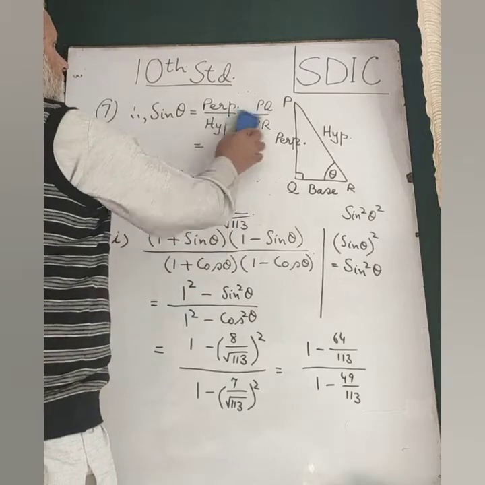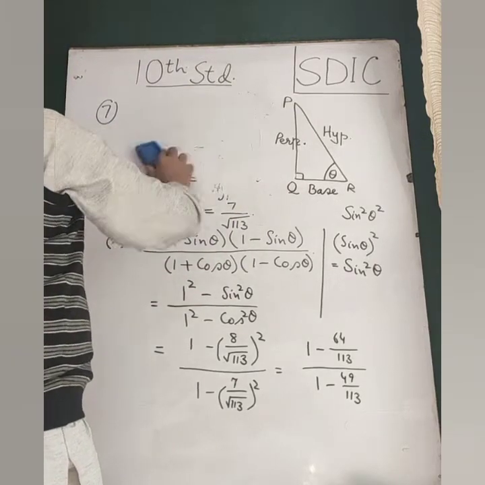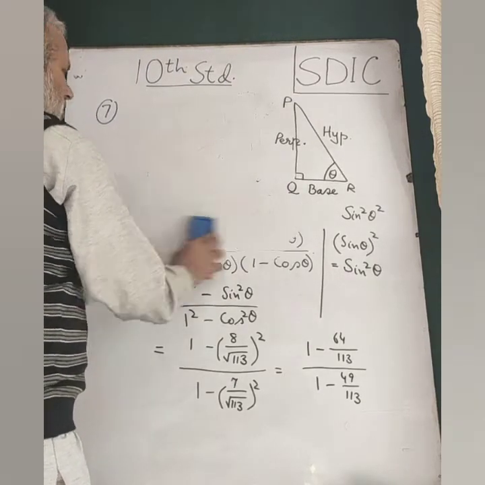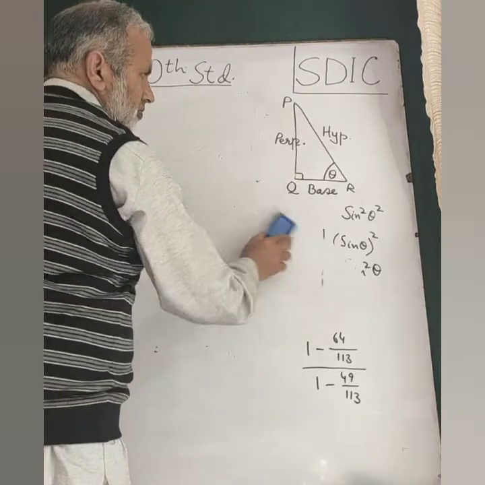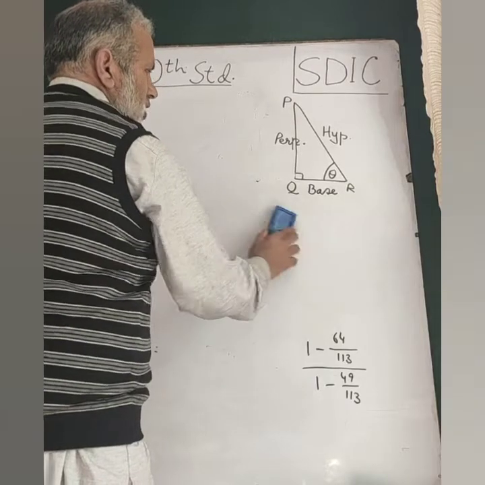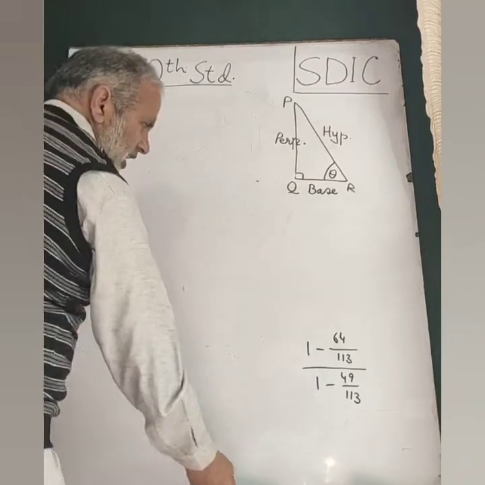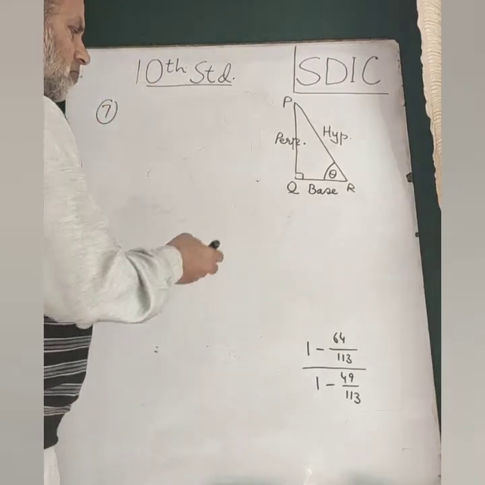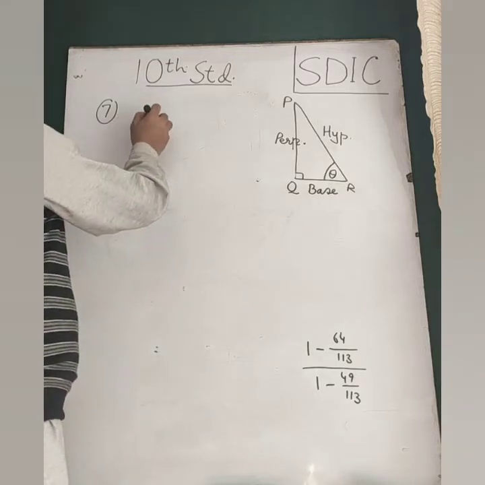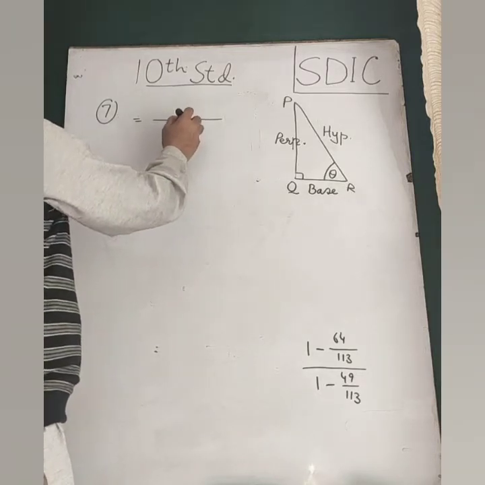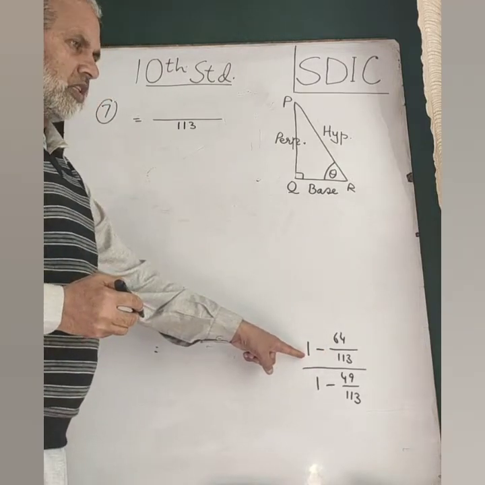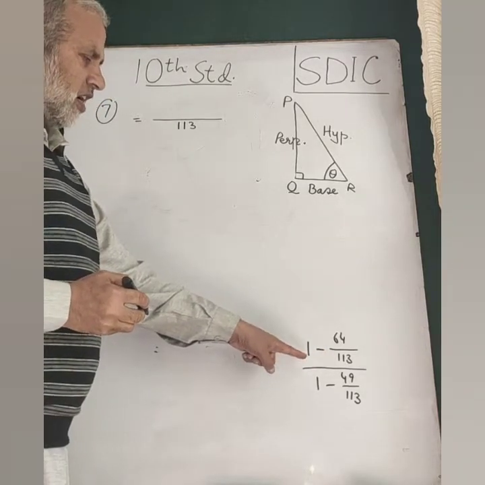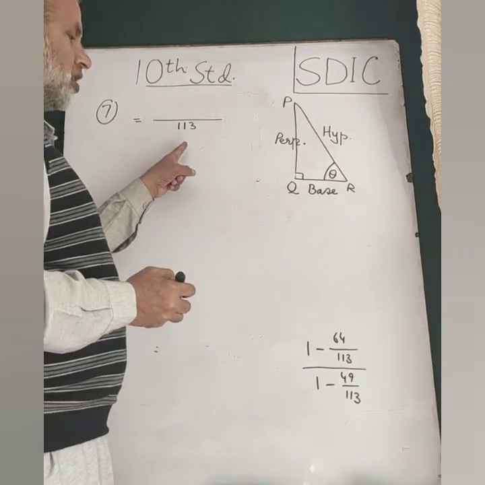Then, simplifying further, you have to subtract the terms in the numerator as well as in the denominator, and for subtracting them we need their LCM. What will be the LCM? In the numerator, 113 is the LCM, because the denominator of 1 is 1 itself, and LCM of 1 and 113 is 113.